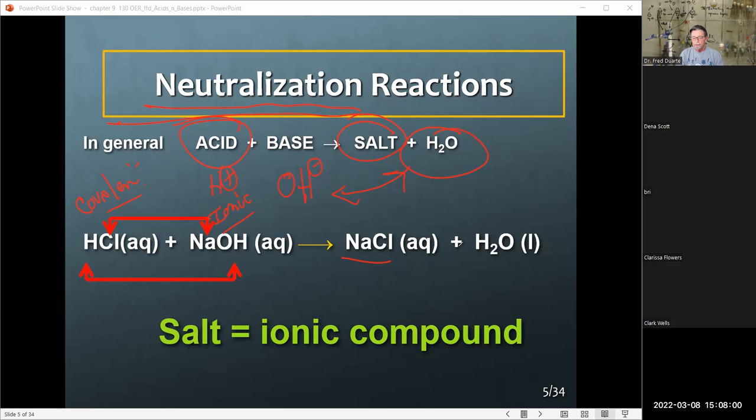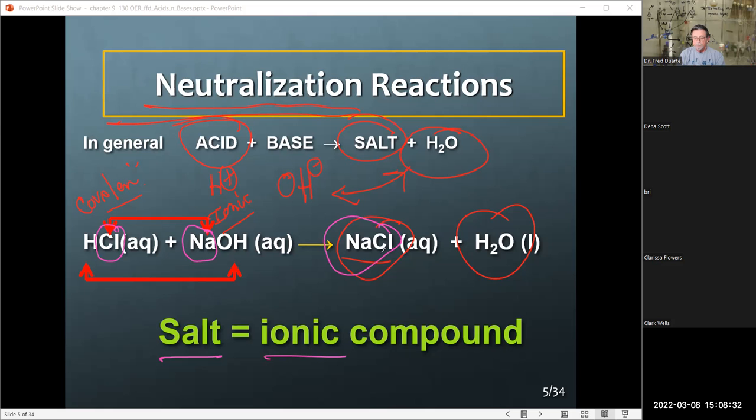The proton gets neutralized to form water, and then what is left over are the respective salts. This is the cation of the base, the sodium ion, and this is the anion of the acid. They come together to form sodium chloride, otherwise known as the salt.